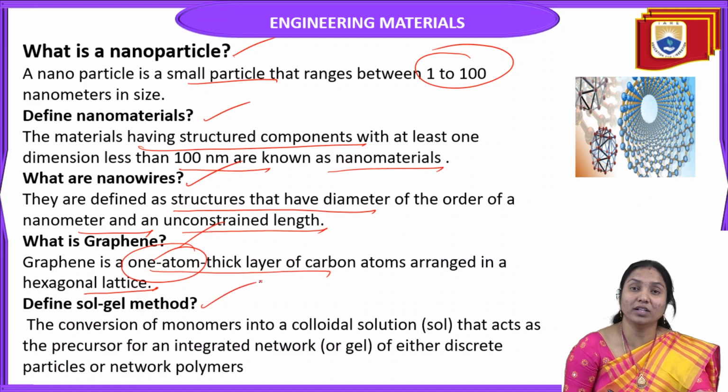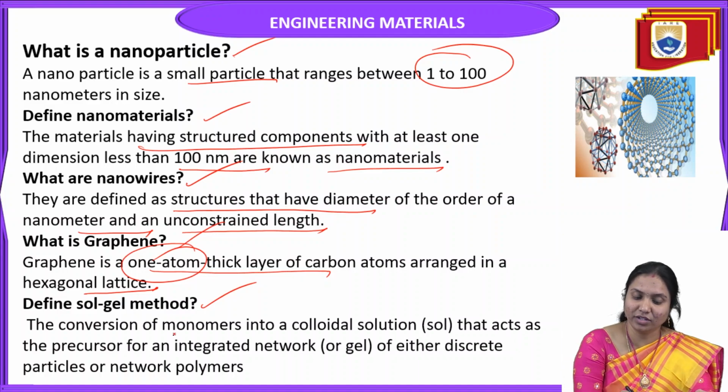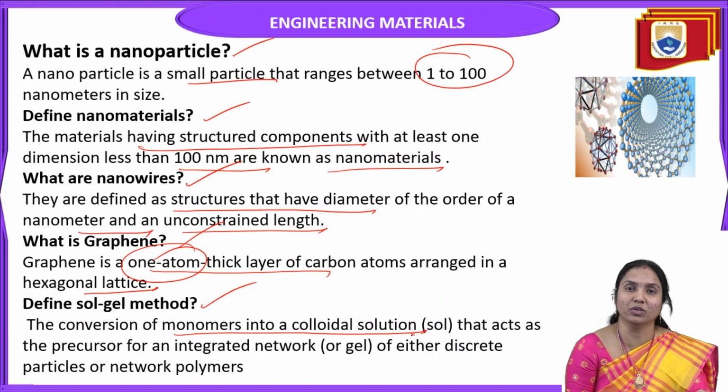Define the Sol-Gel method. Here, the monomers are converted into a colloidal solution. What is the meaning of monomer? Mono comes from the Greek for single or one unit, and mer means part, so a single part.